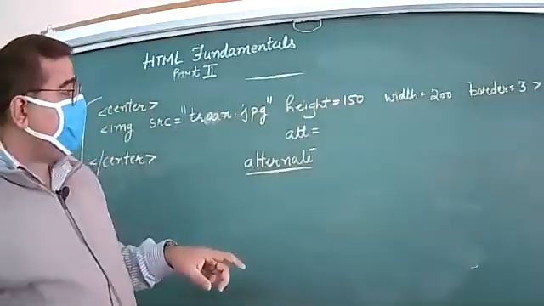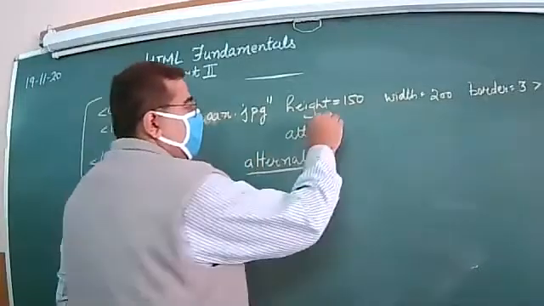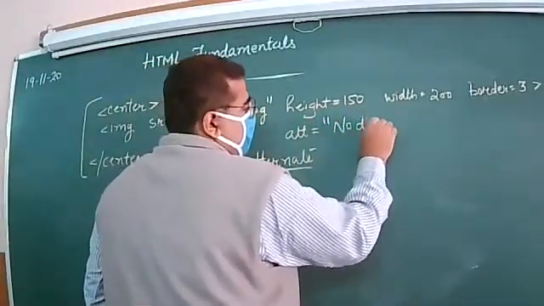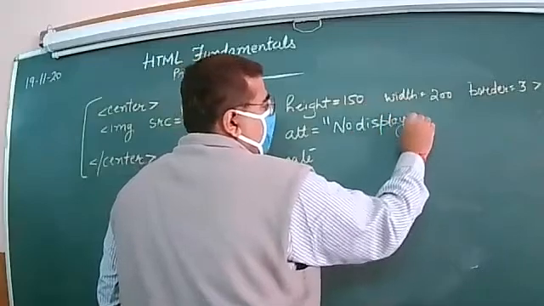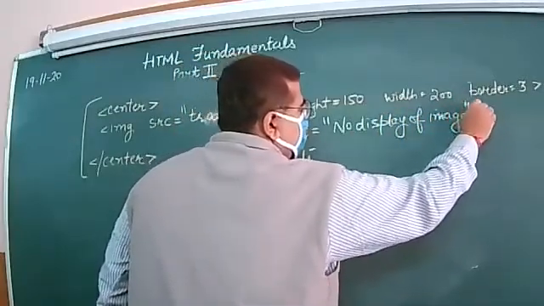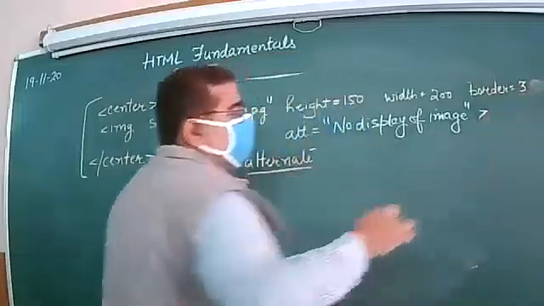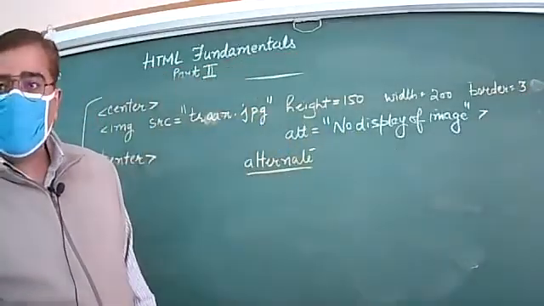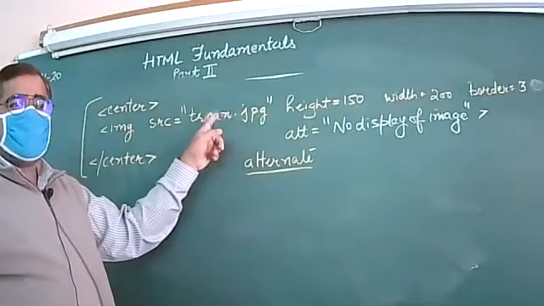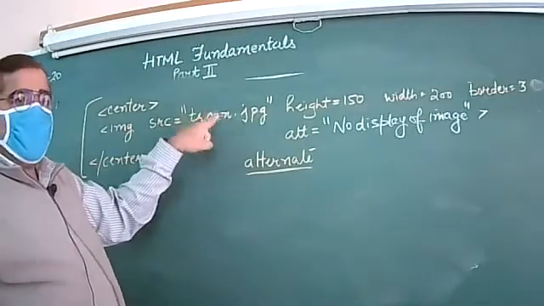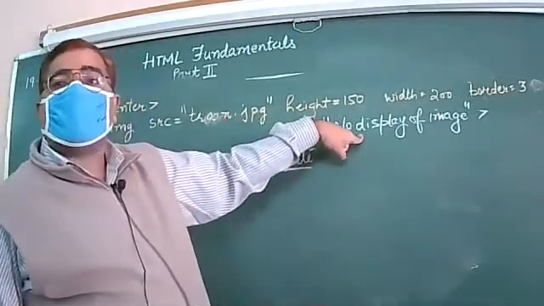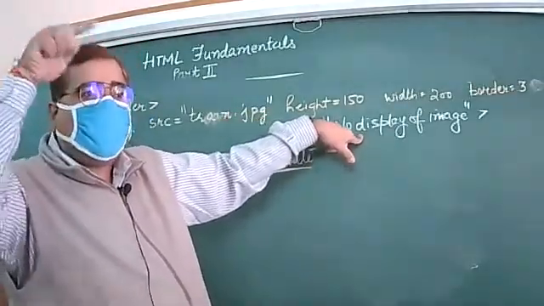Suppose I am giving the text here, no display of image. So what will happen? Suppose your browser is not able to display this image. Instead of this image, you will see this text displayed on the icon of image.